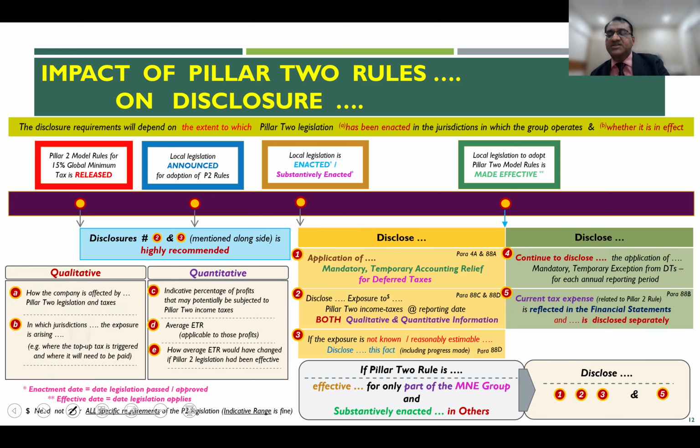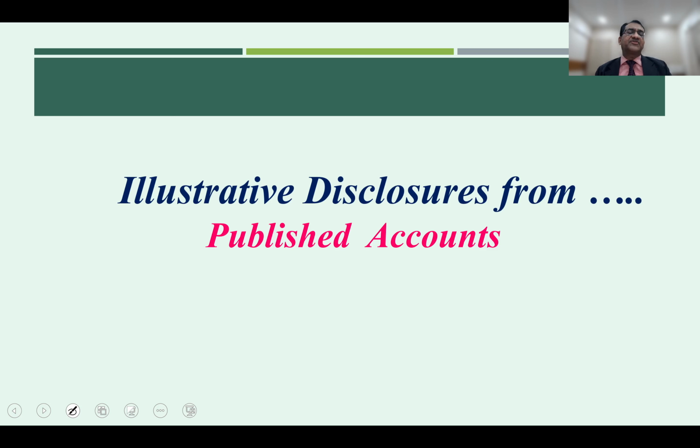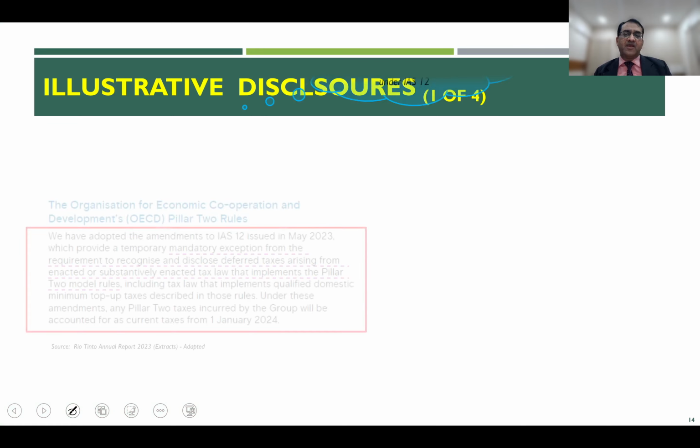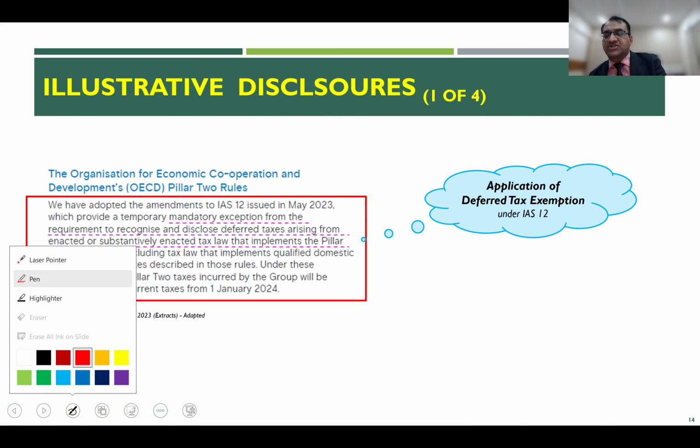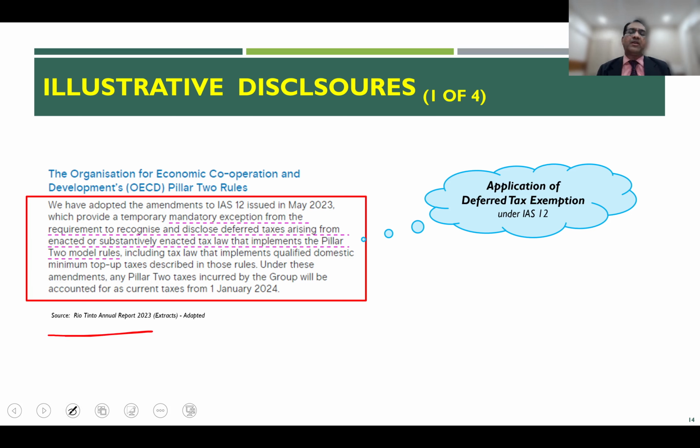Let us see some of the illustrative disclosures from published accounts, how they have been disclosed. If you see here, I've given the source also. This is coming from the specific annual report of a particular entity, and I've given the source from where it has been taken. Now, if you see this note, this is application of deferred tax exemption, paragraph 4A, right?